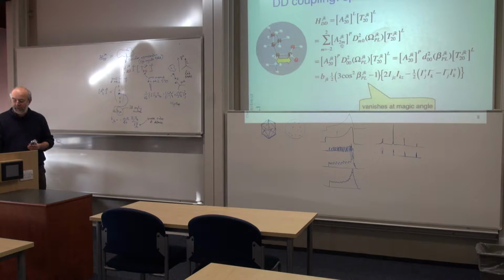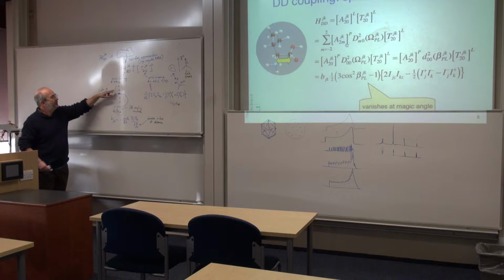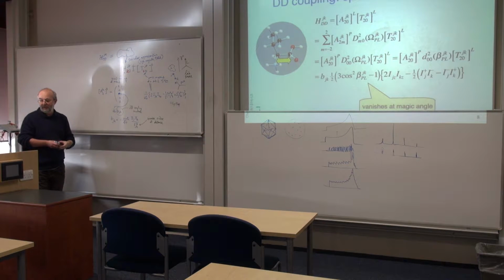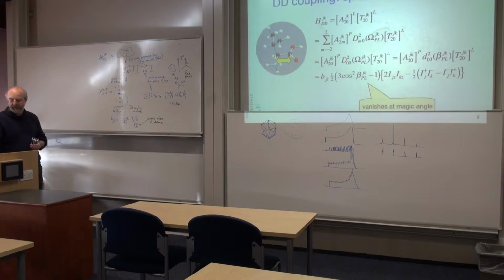So we have a sum over components in the principal axis frame. But it turns out that the only component in the principal axis frame which is not 0 is the middle one, which is m equals 0. So of this sum, only the m is 0 component actually remains.